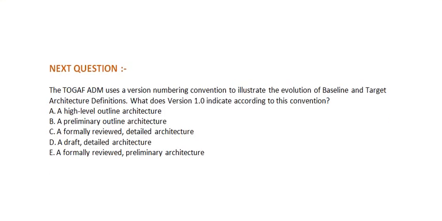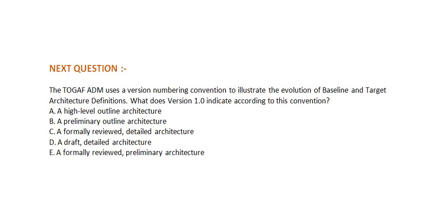Next question is: the TOGAF ADM uses a version numbering convention to illustrate the evolution of baseline and target architecture definitions. What does version 1.0 indicate according to this convention? Option A: high level outline architecture. Option B: a preliminary outline architecture.